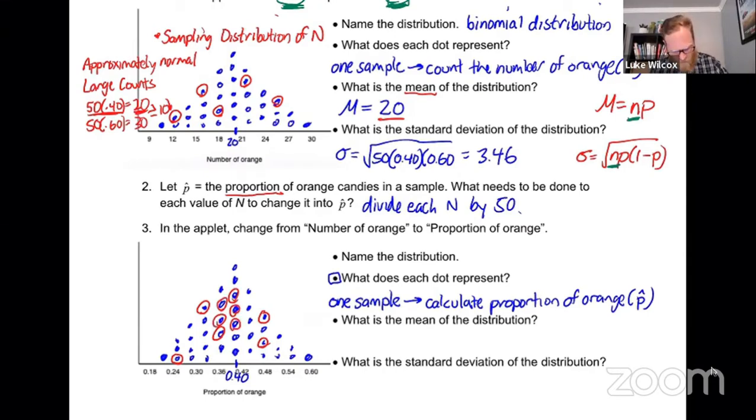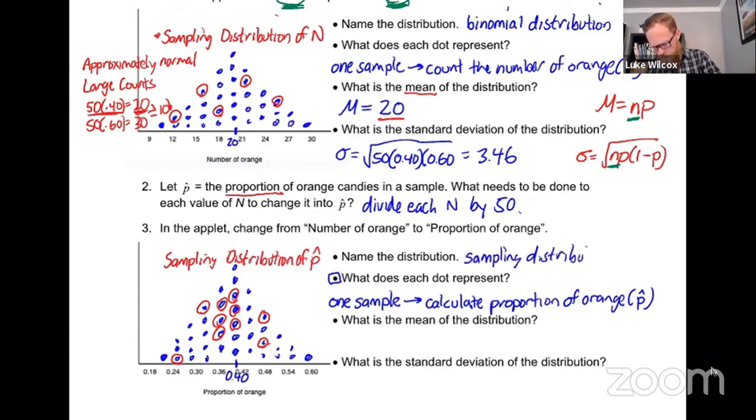So we can call this distribution the sampling distribution of p hat. Remembering that it's not the true sampling distribution because we don't have all possible samples of size 50. So that is the name of the distribution. This is what's called the sampling distribution of p hat.